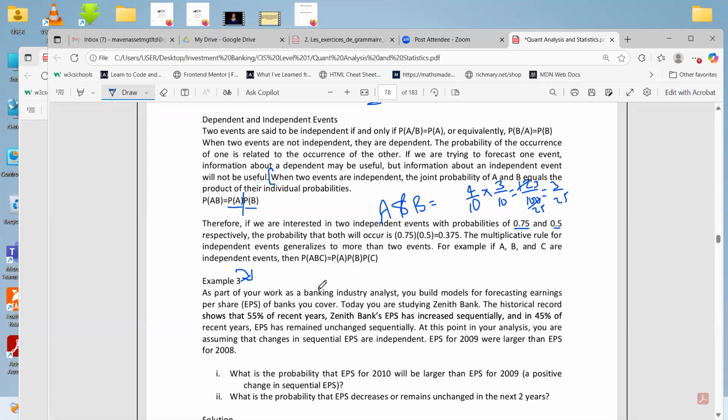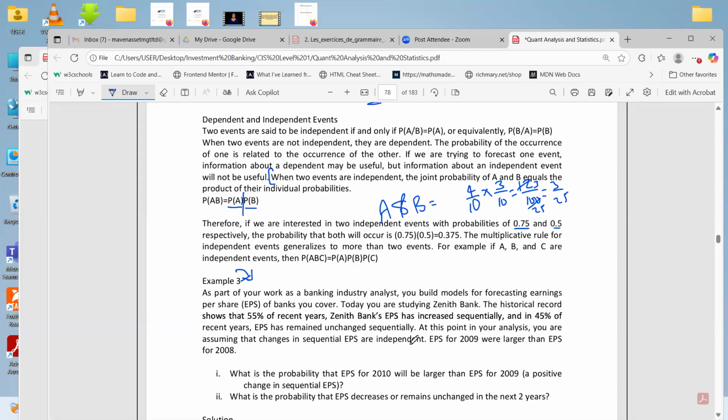As part of your work as a banking industry analyst, you build models for forecasting earnings per share of banks. Today you are studying Zenith. The historical record shows that in 55% of recent years, the EPS has increased sequentially. Then, in 45% of recent years, the EPS has remained unchanged sequentially.